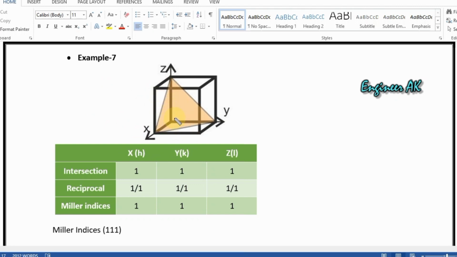So in this case, again taking the same origin, at the x-axis it is cutting at 1, if I move along the y-axis it is again cutting at 1, and along the z-axis it is again cutting at 1. So 1 1 1, taking reciprocals, we get 1 1 1.